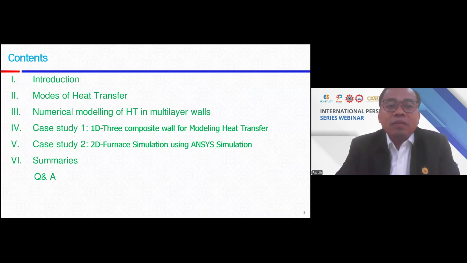Case study 1 will give more detail about the 1D one-dimensional 3-layer composite wall for modeling heat transfer. Case study 2 will look at the 2-dimensional furnace simulation using ANSYS. Then I will give a summary and recap for you all, and the last part is question and answer.